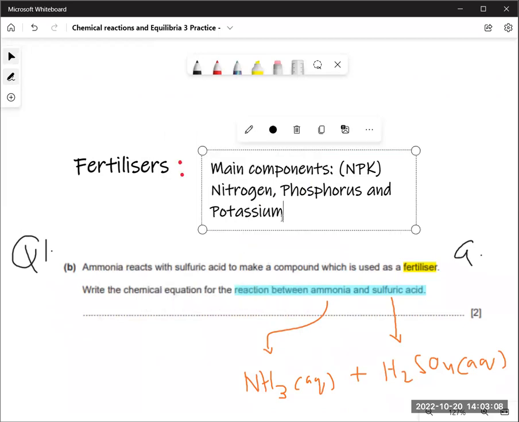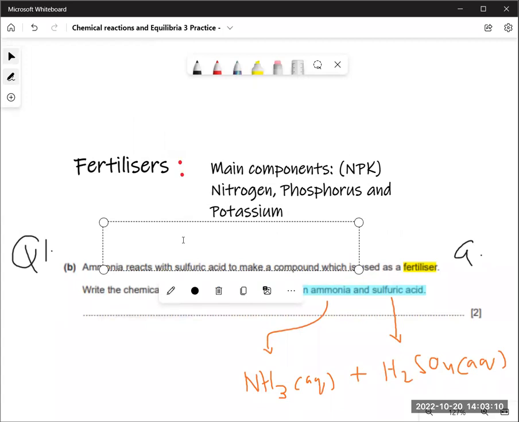And after that, also write examples. Common examples could be ammonium salts.